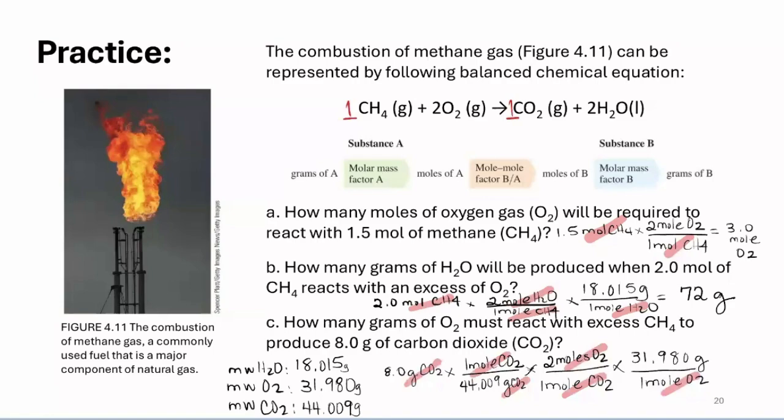And I'm going to divide that by the result of 44.009 times 1 times 1. We see our calculator display. We must round it to 2 sig figs because of the value given, and my final answer will be 12 grams.